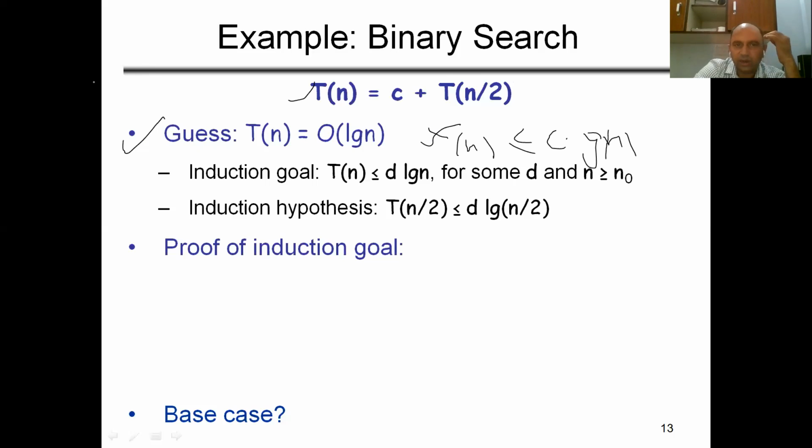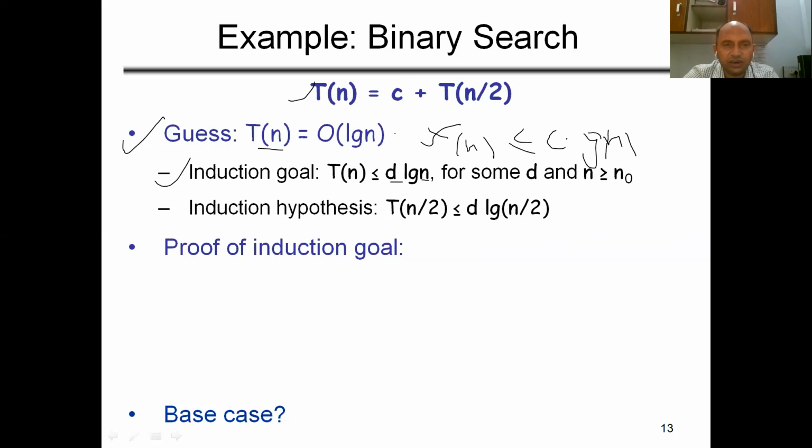So by the induction goal, we have to show this T(n), that is our f(n), is less than or equal to d log n, that is our c g(n), for all values of n greater than n naught and for some constant d. So by using the induction hypothesis, we can write this.